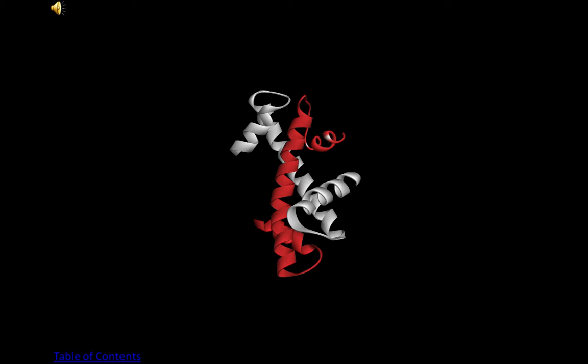Here, as an illustrative example, is a quadrant of the histone core structure containing subunits H3 and H4. These are the H3 A chain, which is colored white in all of our slides, and the H4 B chain, which we always color red.